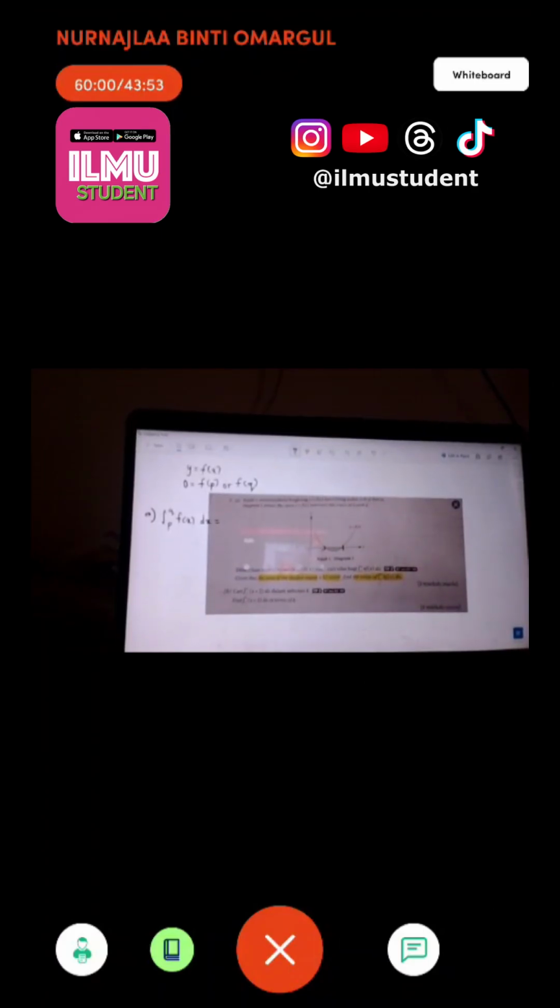Over there, Q above and P below, this is a function f(x) dx. Usually when the area of the shaded region is above the curve, it means that the value of the integral is negative 12.